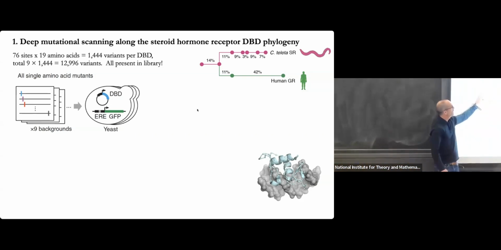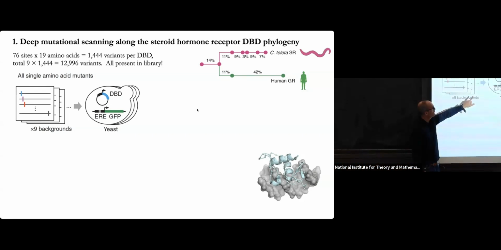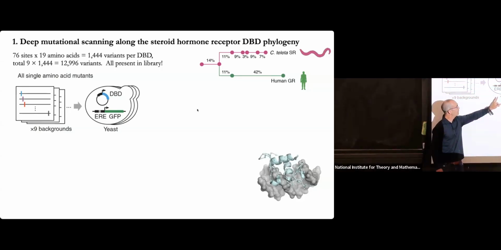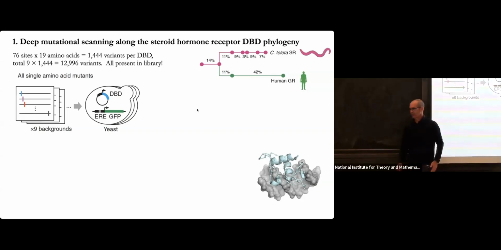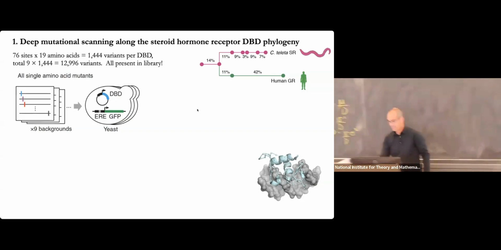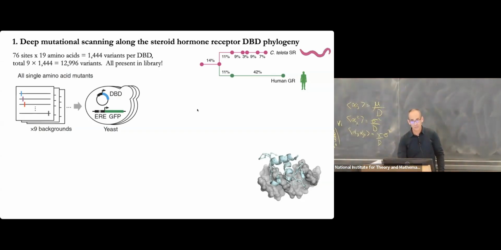Clone that library into an expression vector, transform it into yeast with a GFP reporter. If it folds and binds DNA effectively, all of these bind so-called estrogen response elements, they activate GFP in proportion to occupancy of the folded and bound state.